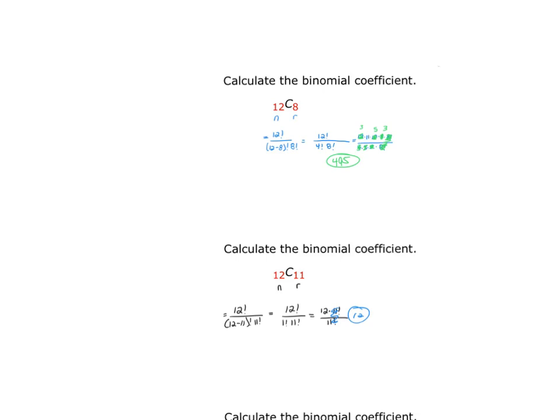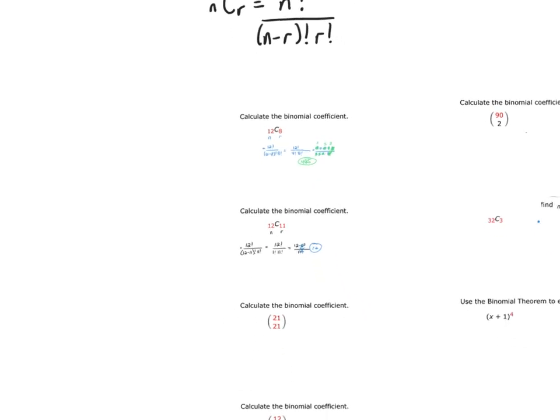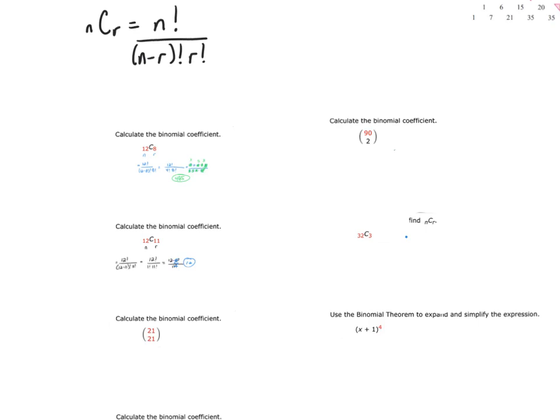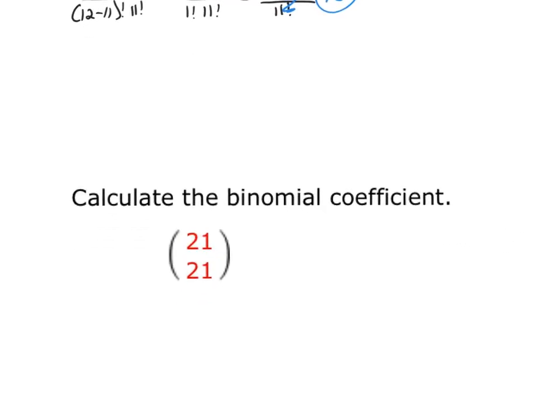Do I have any more of these here? Okay. These are written a little differently, but same thing. This is my n, this is my r. So I have 21 factorial over 21 minus 21 factorial times what? 21 factorial.